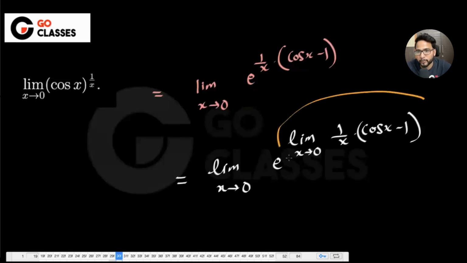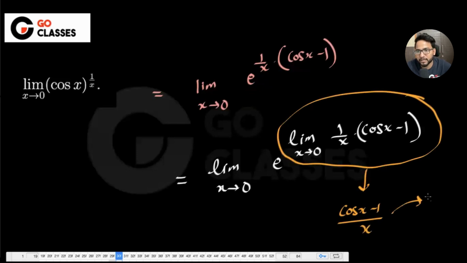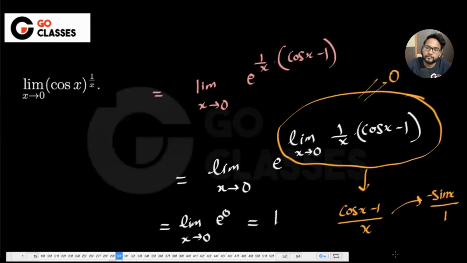Since this form is 0 upon 0, you can solve it separately using the L'Hopital rule, which is cos x minus 1 upon x, and then you differentiate it, it will be minus sin x upon 1. And then put x equal to 0, it will be just 0. So this individual quantity is just 0. So that's why the answer is limit x tends to 0, e power 0, which is 1.